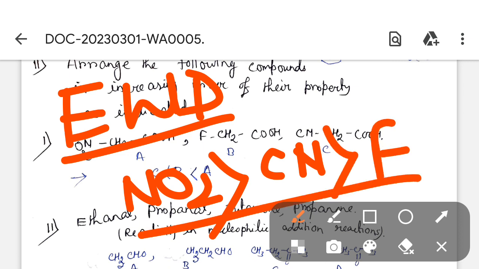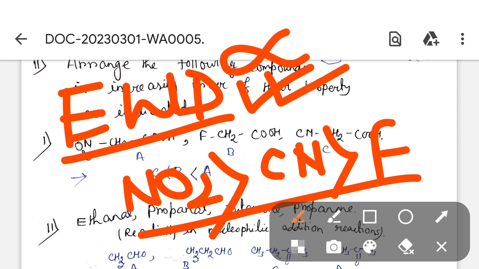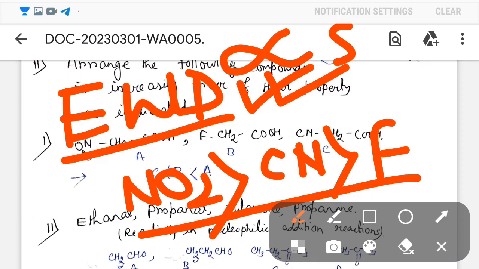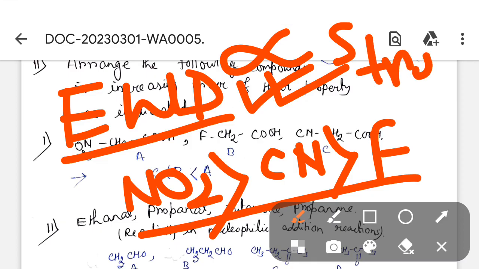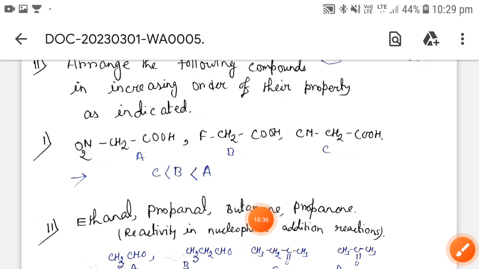So for the order of acidity, we know that where an electron withdrawing group is present, it is proportional to a stronger acid. So the NO2 group attached is most acidic, then CN, then fluorine. So we can write A less than B less than C.